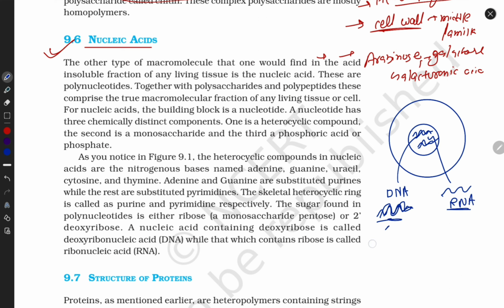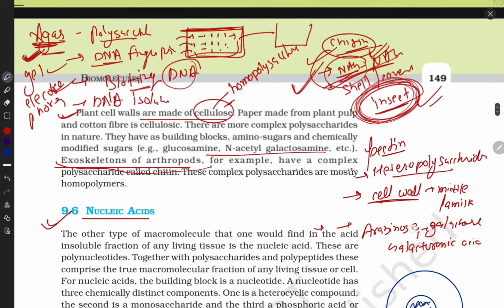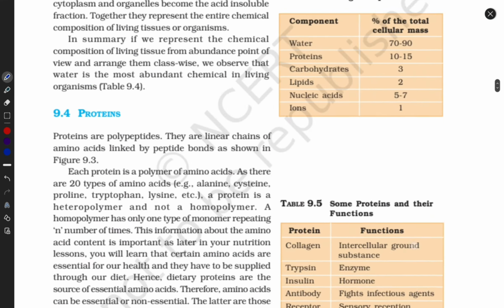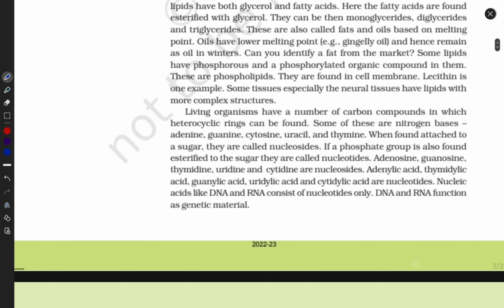Both are made up of a phosphate group, a pentose sugar group, and a nitrogen base. Nitrogen bases are adenine, guanine, cytosine, thymine. In my previous lecture, I already discussed this in a very vast way, guys.